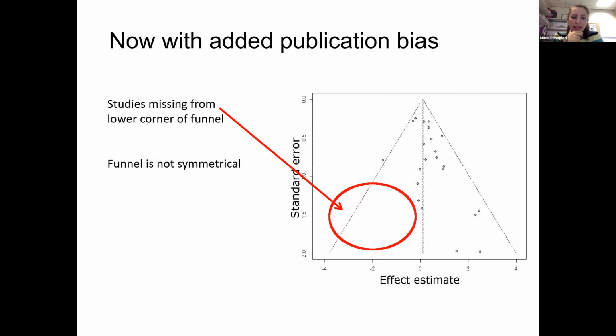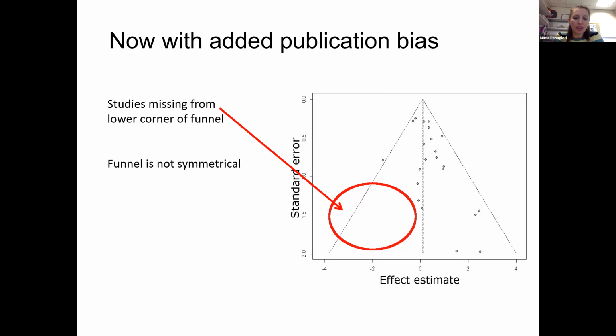So what we see in this funnel plot is that there is a gap. In the red place we see no values. This means that there might be some heterogeneity involved here.